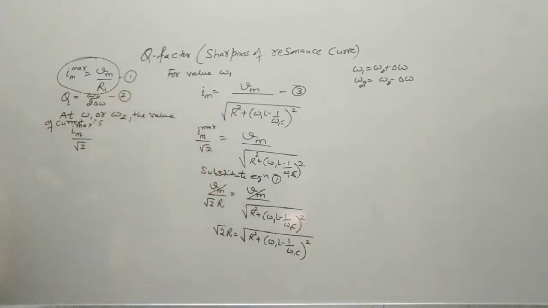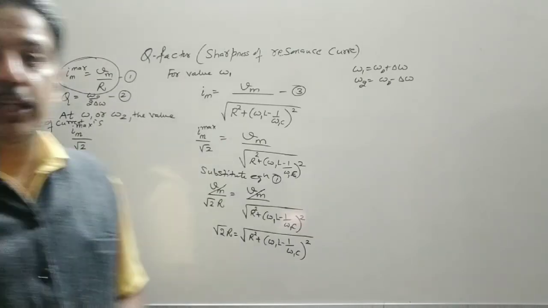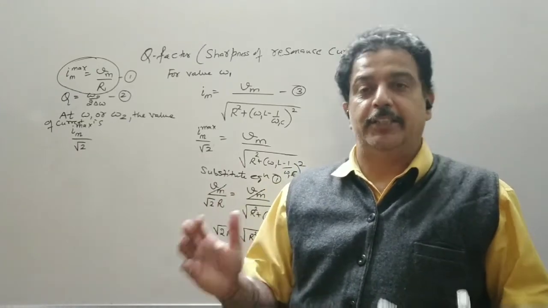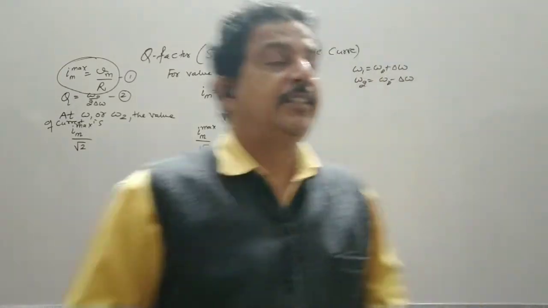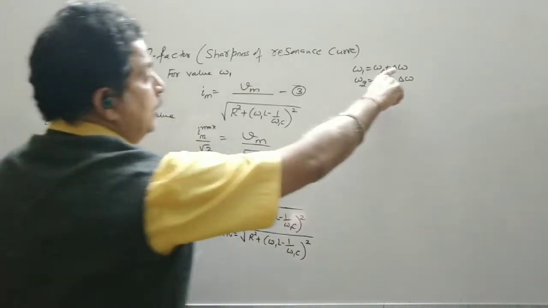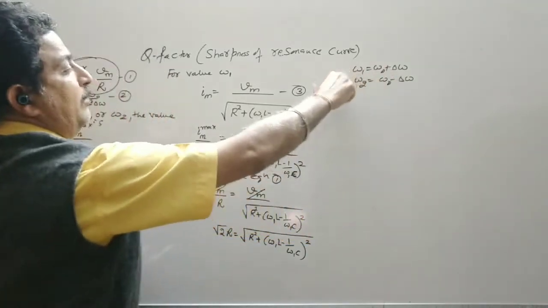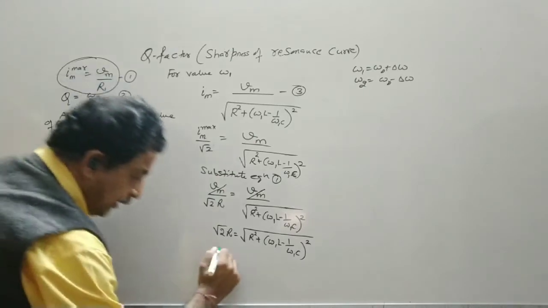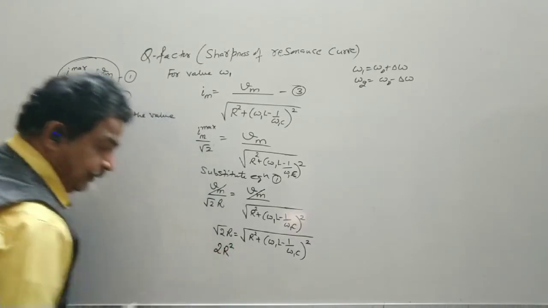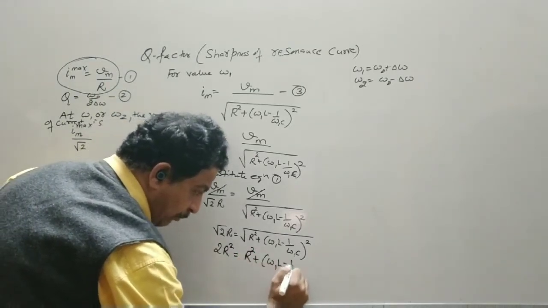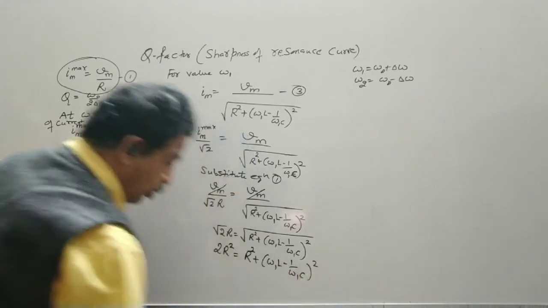What we are trying to find out is the formula for the Q factor in terms of the values of the components, that is in terms of R, L and C. And we know that delta omega is nothing but omega 1 minus omega naught. Now squaring both sides, we get 2R square is equal to R square plus omega 1 L minus 1 upon omega 1 C whole square.